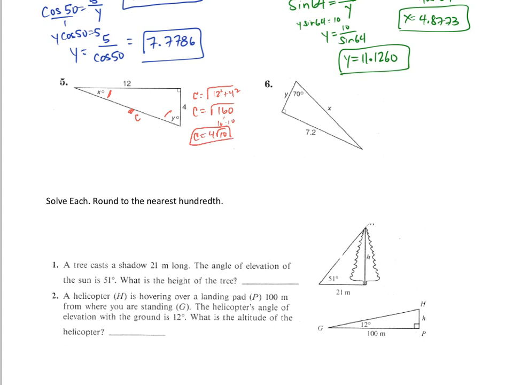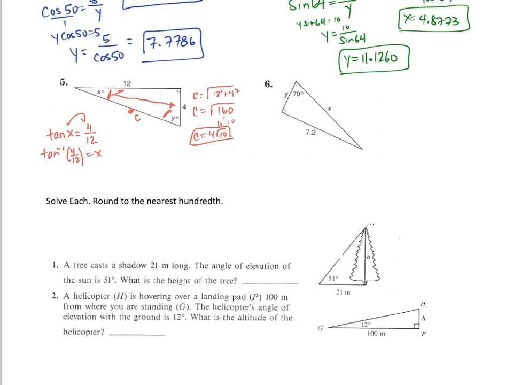All right, so now let's go ahead and solve. We could start with x. If I do x, this is the opposite, that is the adjacent. So I could say the tangent of x equals the opposite, which is 4, over the adjacent, which is 12. So the tangent of x is that, so that means the inverse tangent of 4 over 12 is what x is.